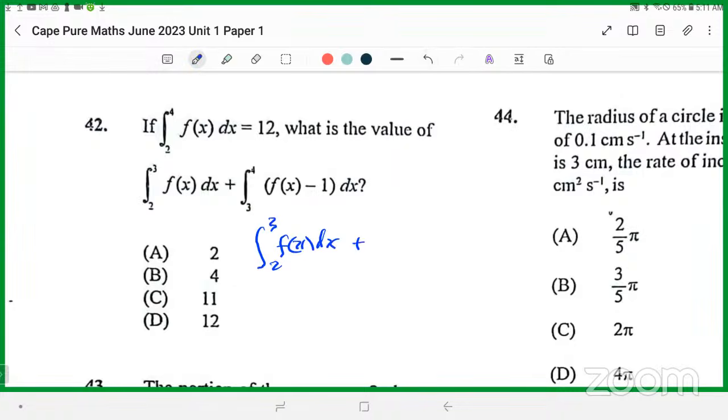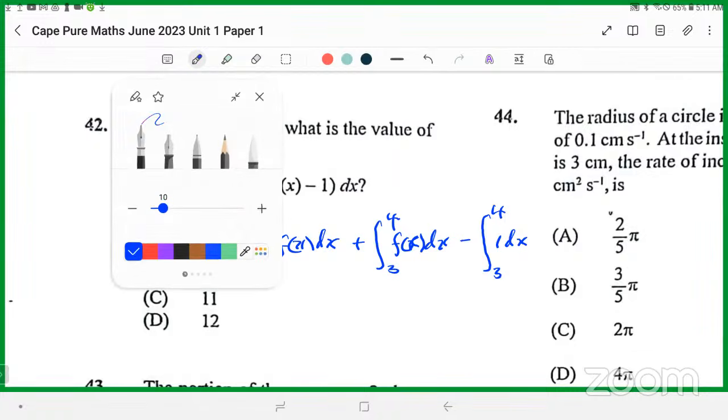Plus the integral from 3 to 4 of f of x dx, and then minus the integral of 1 dx from 3 to 4.